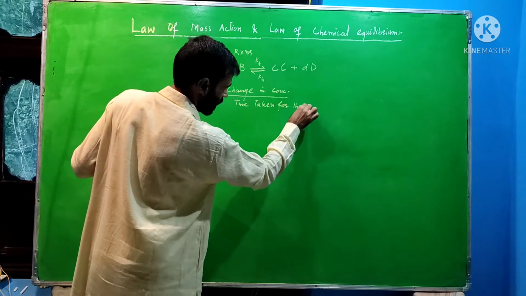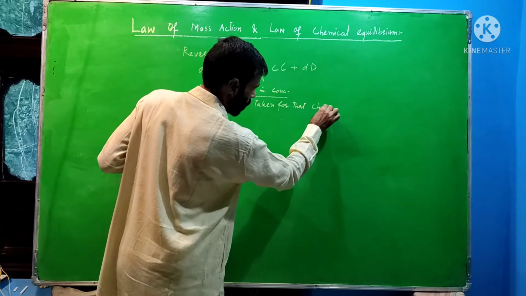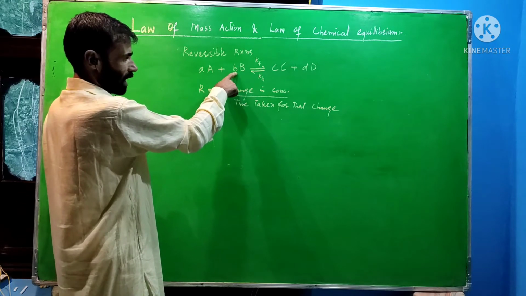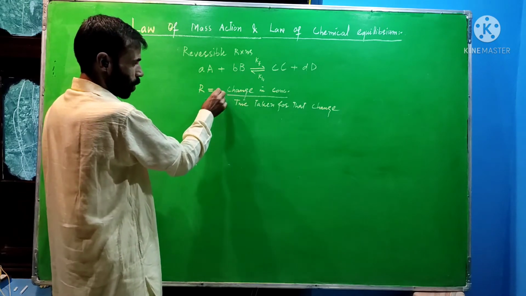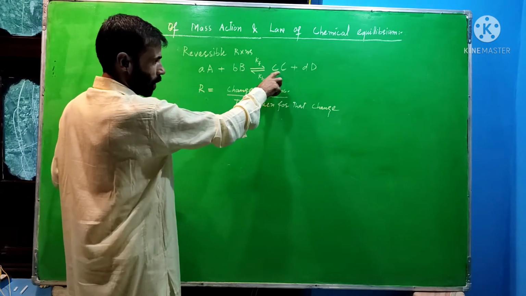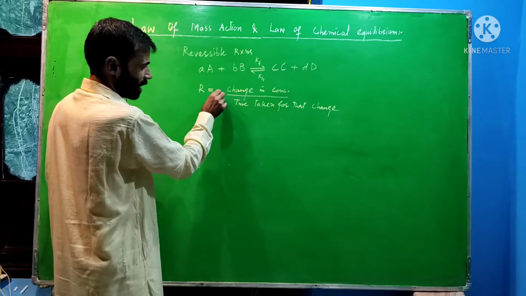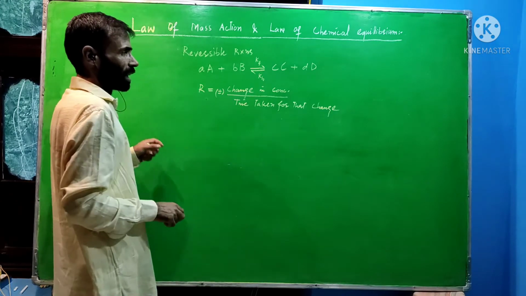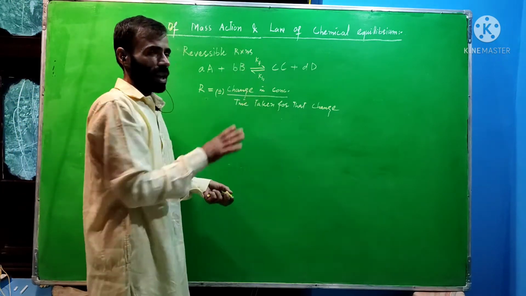We know this concept in chemical kinetics: if we take reactants, their concentration decreases with the passage of time, so we write negative. If we take any product, then in terms of products we write positive, so I will write plus minus.